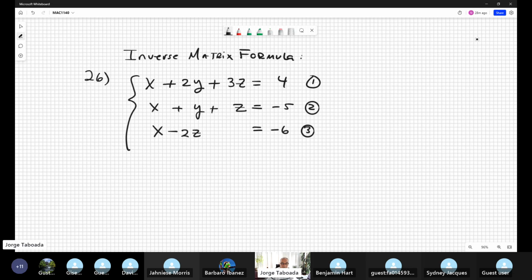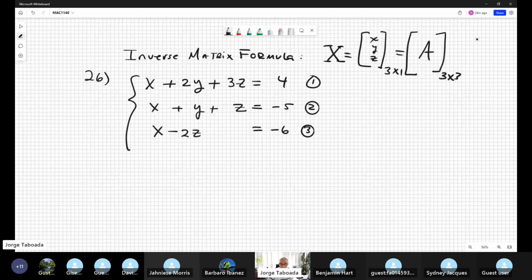The inverse matrix formula is capital X, which is a vector formed by the unknowns x, y, z. In this example, we have 3 by 1. It is equal to the matrix A, which is 3 by 3, the matrix in front, so the coefficients of the variables, and the vector b. The vector b is the 3 by 1 vector, the right hand side, but with the inverse.